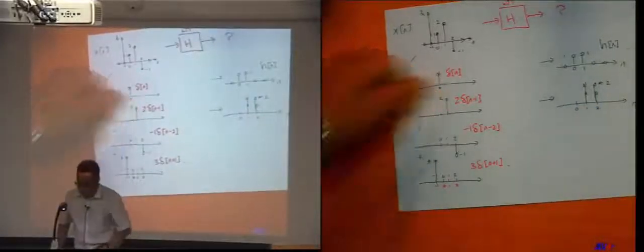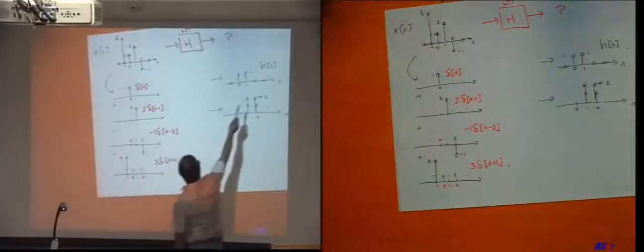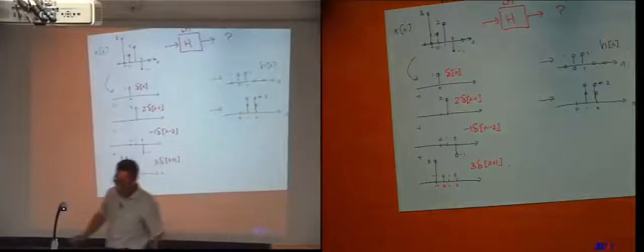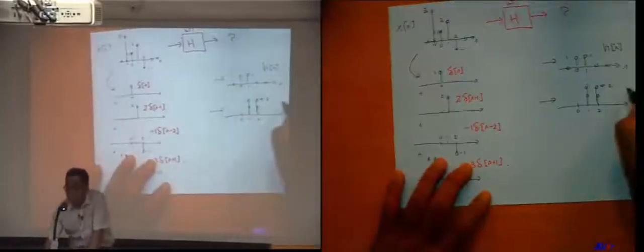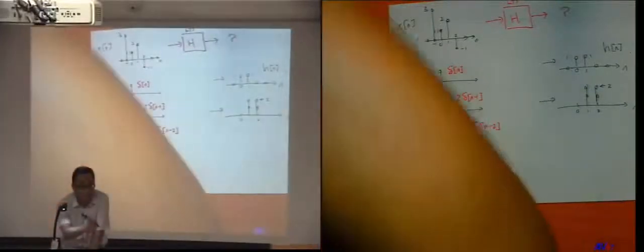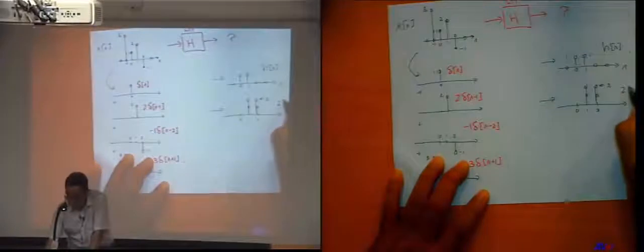So if upstairs is called h n, what does this look like in terms of h n? 2 h. Very good.